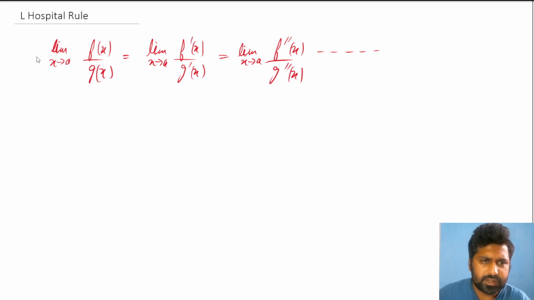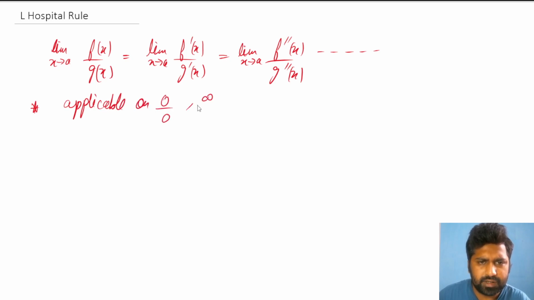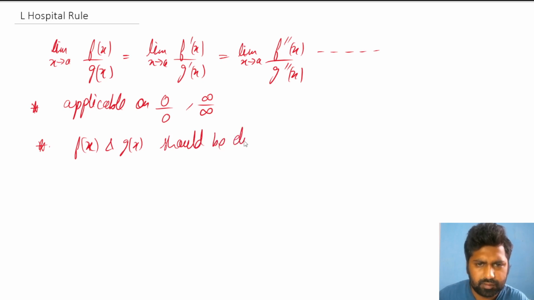But you have to understand the conditions. The condition is that this is applicable on 0 by 0 form or infinity by infinity form, and the functions of course should be differentiable. f(x) and g(x) should be differentiable.